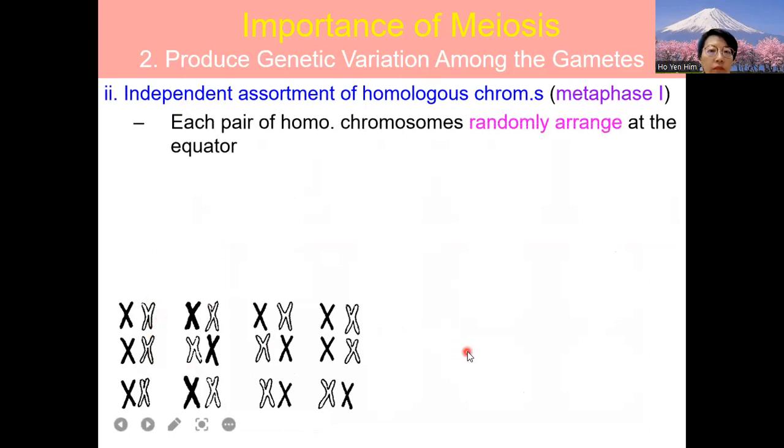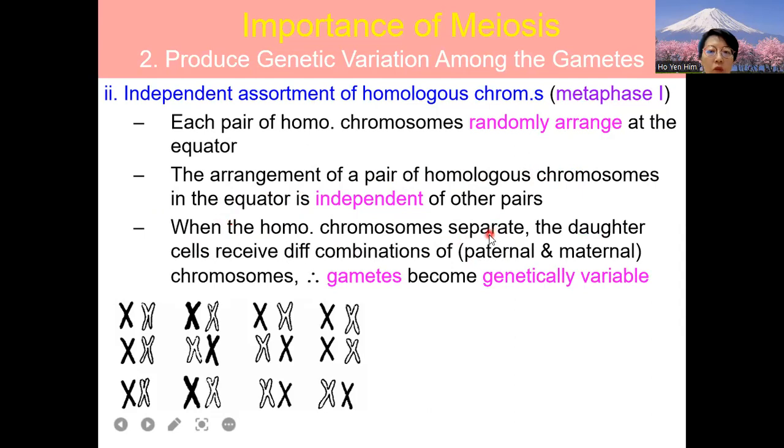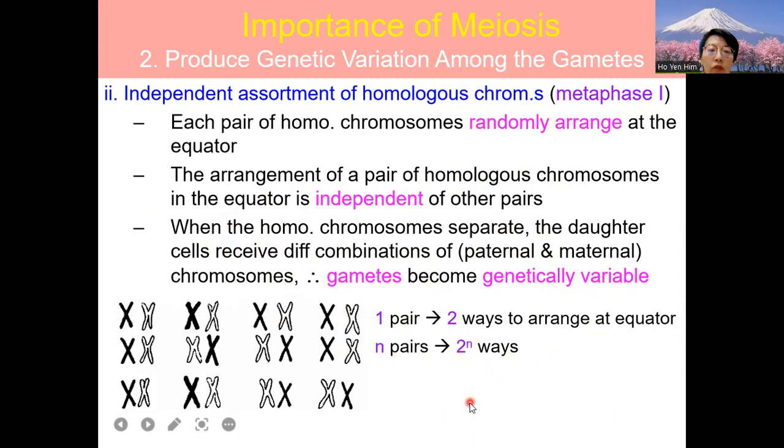Each pair of homologous chromosomes can randomly arrange at the equator, so there are 2 ways they can arrange. The arrangement of a pair of homologous chromosomes at the equator is independent of the other pairs. So when the homologous chromosomes separate, the daughter cells receive different combinations of paternal and maternal chromosomes. Therefore, gametes become genetically variable. One pair has 2 ways to arrange at the equator; n pairs will have 2 to the power of n ways to arrange.